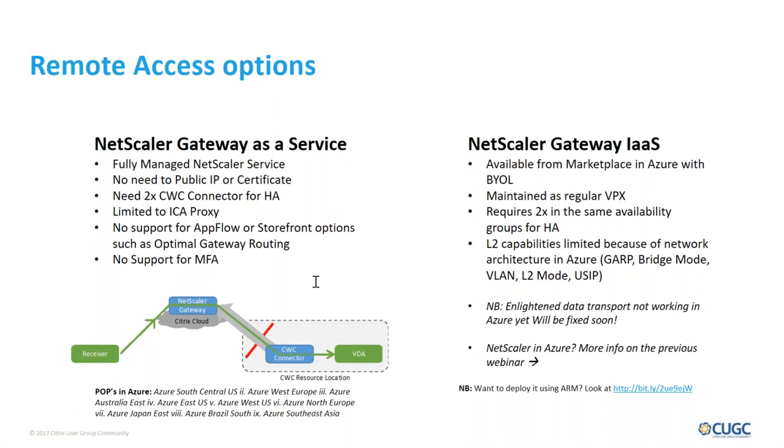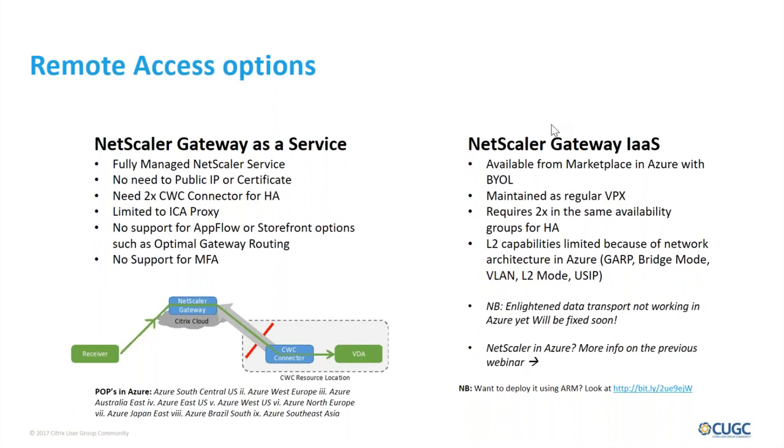You need 2 connectors in your data center for high availability if you're using Netscaler Gateway as a service. And the regions, so the points of presence in Azure for Gateway as a service, are up on the slide underneath the diagram there. We are going to send this slide deck out straight away after the webinar, so you'll have access to all of it. There are a lot of links and information on these slides that you'll have access to immediately.